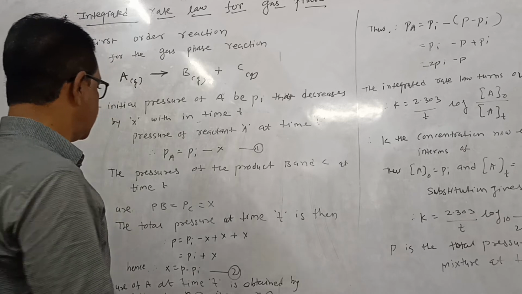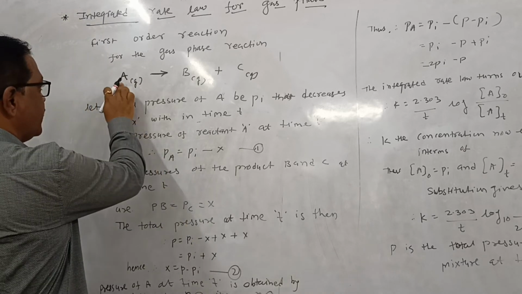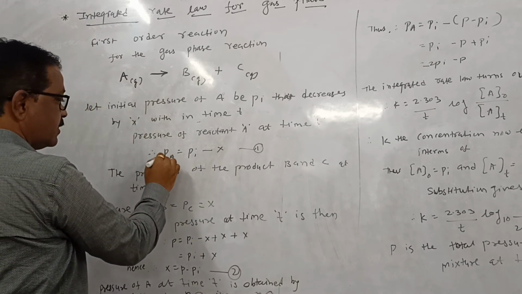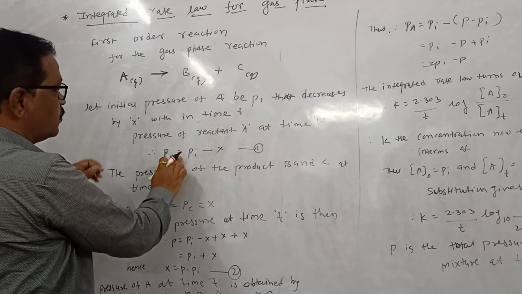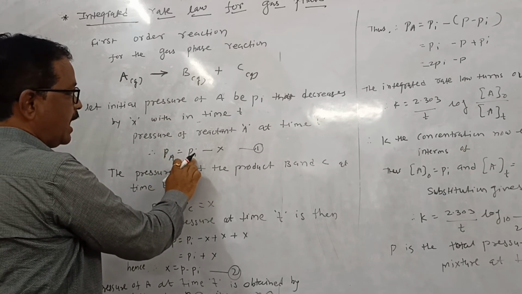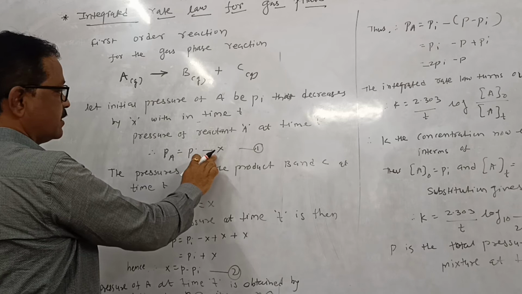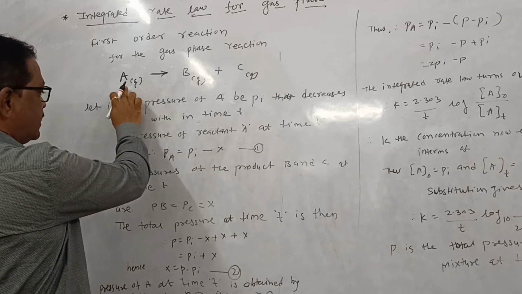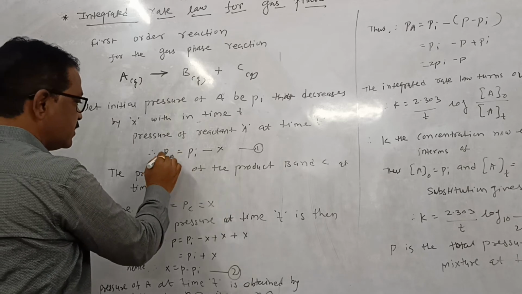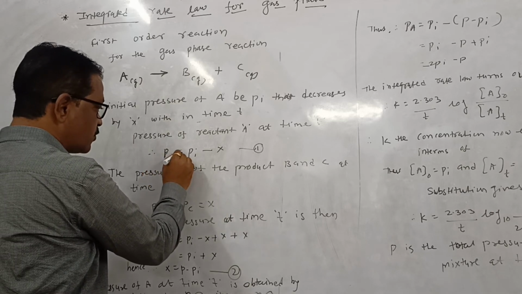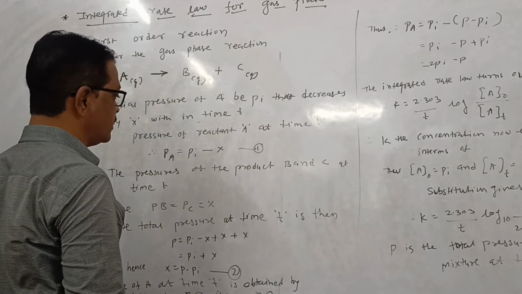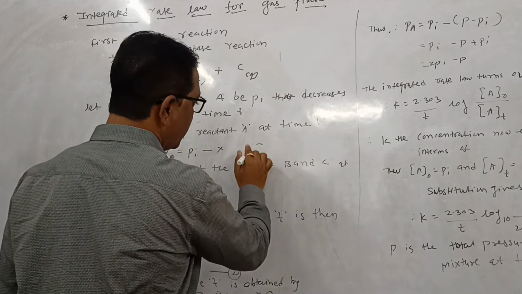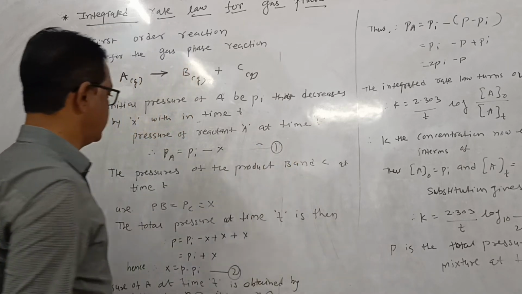The equation is therefore PA is equal to Pi minus x. Minus x means A decreases by x. PA is equal to Pi minus x. This is equation number 1.